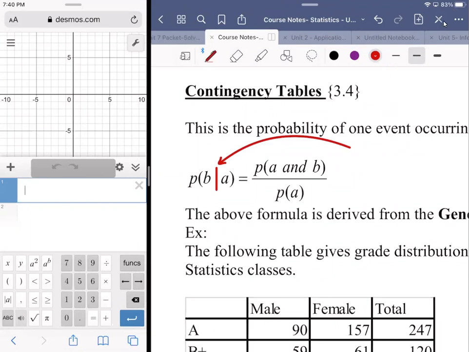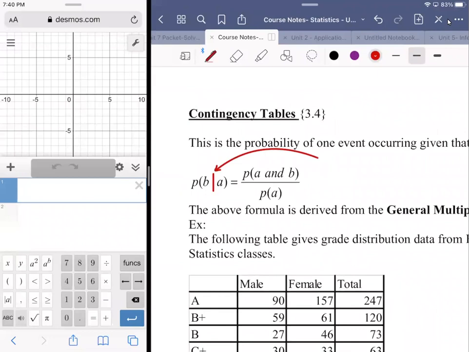Okay, so this vertical line represents given. All right, so it's a given that A has already occurred.